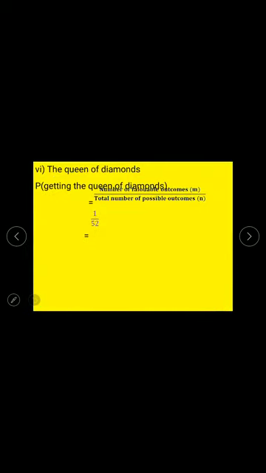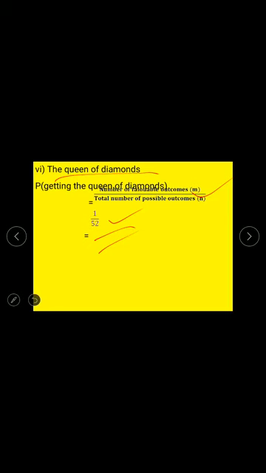Queen of diamond means number of favorable by total. That means 1 by 52. Getting? Okay. Make sure that you know the chart clearly. Just make the chart and paste it somewhere. If you don't know, I think you know it, you are playing cards, you may be knowing it. Otherwise make the chart and paste it somewhere so that it will become familiar to you.